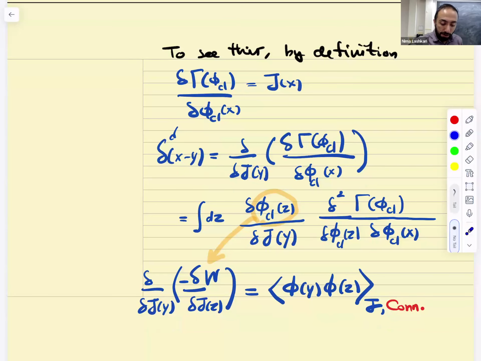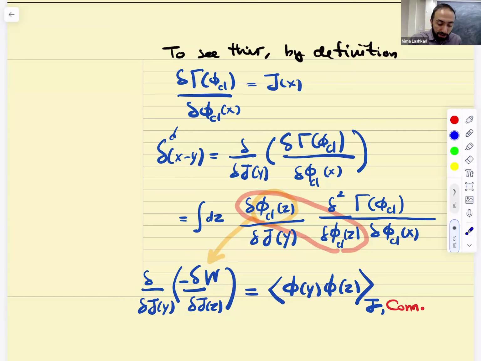Right? Now let's insert this variation. I'm taking delta phi here and delta phi here of z and integrating over z. That's just the identity operator, right?